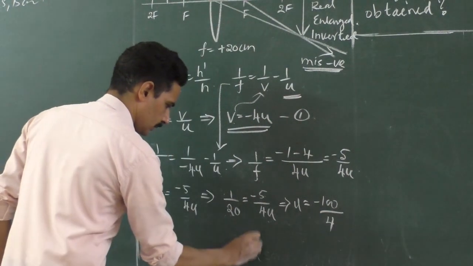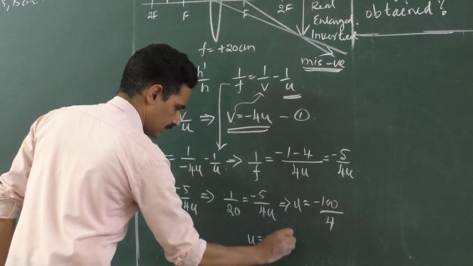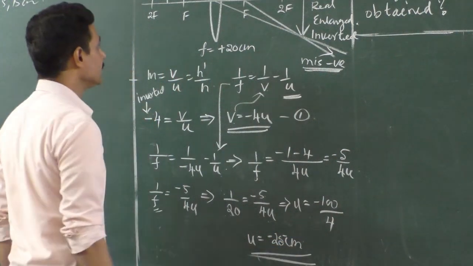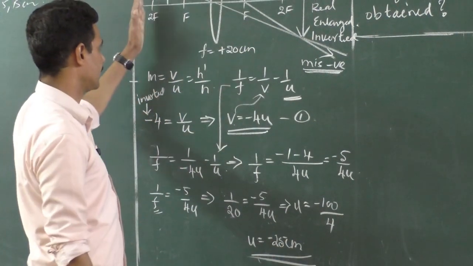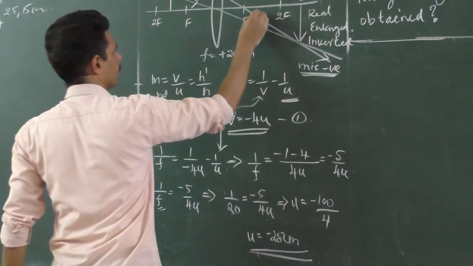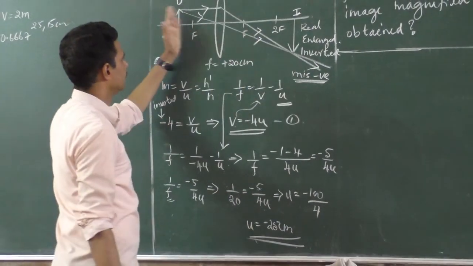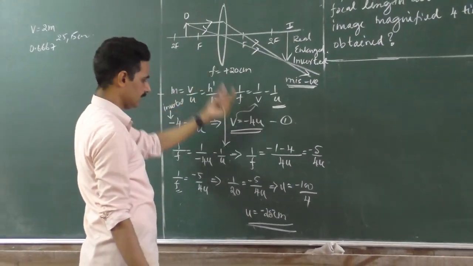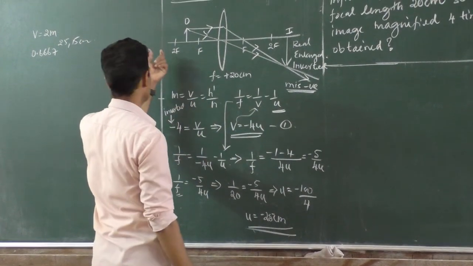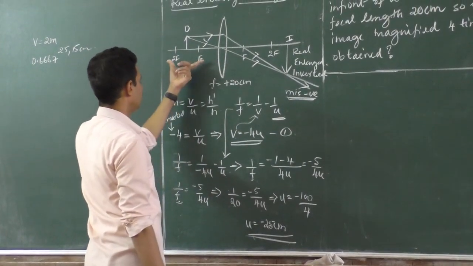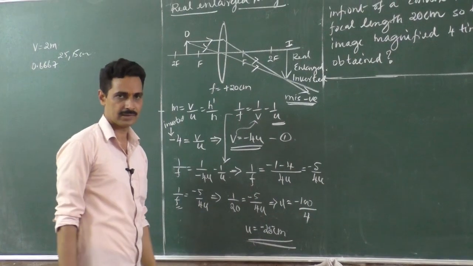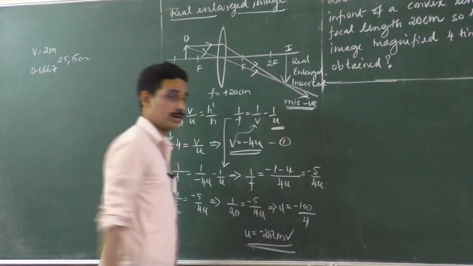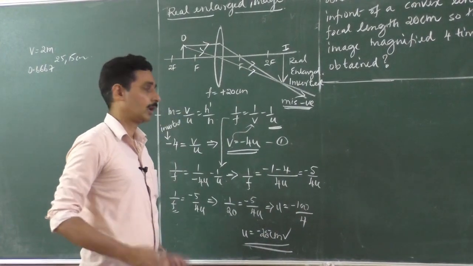What is u? u is equal to minus 25 centimeters. Is minus 25 centimeter coming to the left hand side? Yes, it is opposite to the direction of incident light, like this. Is it between f and 2f? Yes, it is between 20 and 40. 25 is between 20 and 40. The answer is correct according to our knowledge, right?